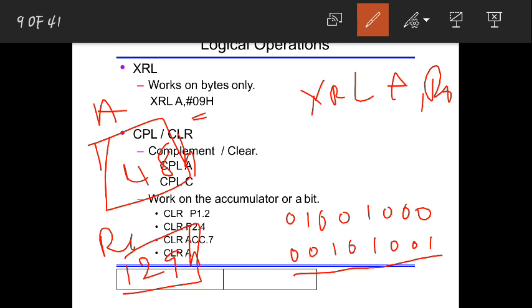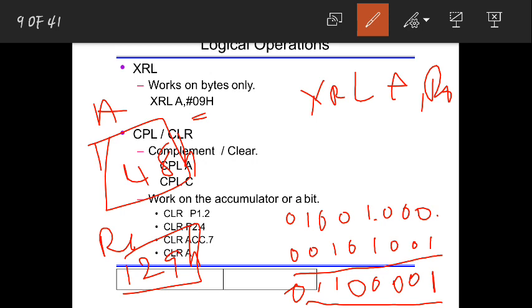If you have two different bits, the result is 1. 0 and 1 are different, so the answer is 1. 0 XOR 0 gives 0 because both are similar, 1 XOR 1 gives 0, because if both are the same the answer is always 0. These are different, 0 and 1, so you get 1. These are also 1 and 0, different, and 0 and 0 gives 0. So this is the end result you got.